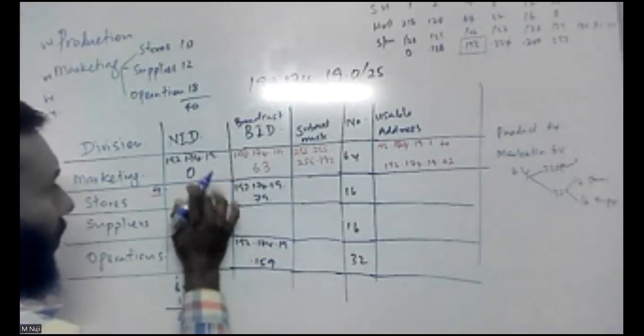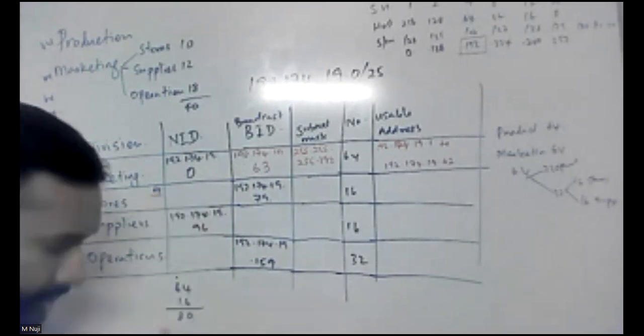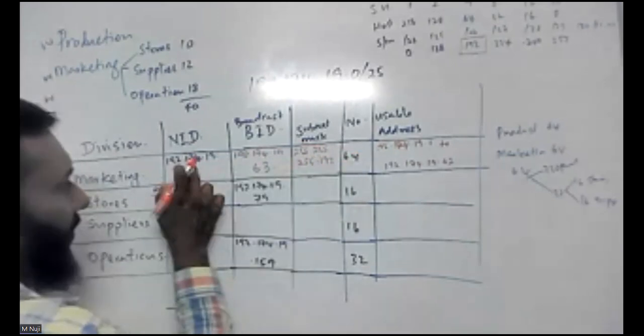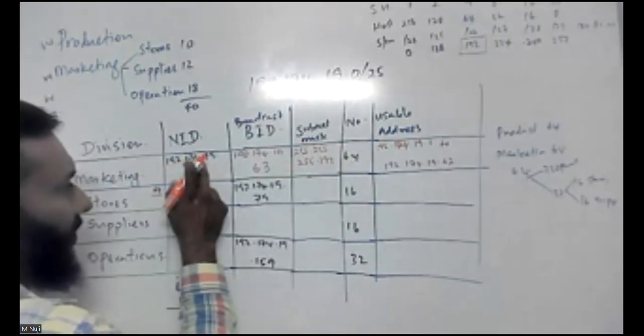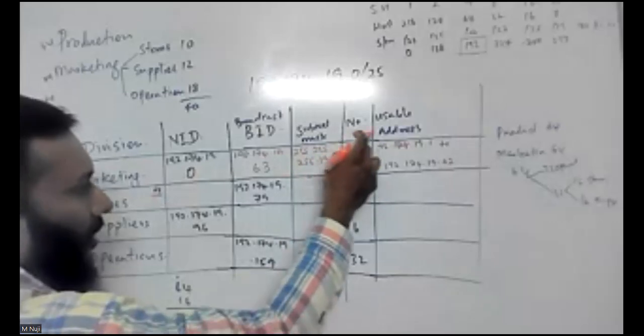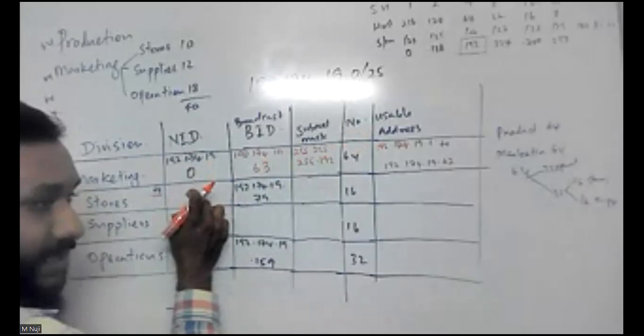Now, this is a 64. Look at this carefully. Here you know 192.174.19.0, and altogether 64 nodes are there. I added that 64 as usual.